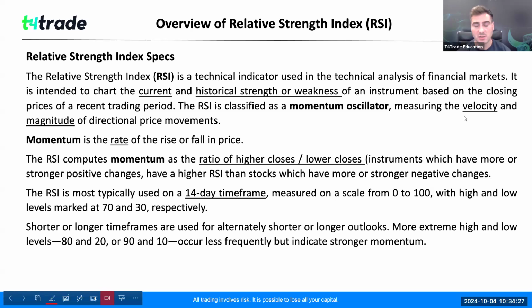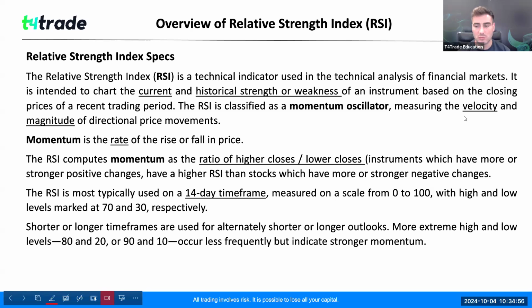So it measures what? Momentum. So it's a momentum oscillator. It measures the velocity and magnitude of the directional price movements. Okay, so it uses the historical strength or weakness that we see from the chart, calculates it using a moving average, and as an oscillator, it measures the velocity and magnitude of the directional movement.